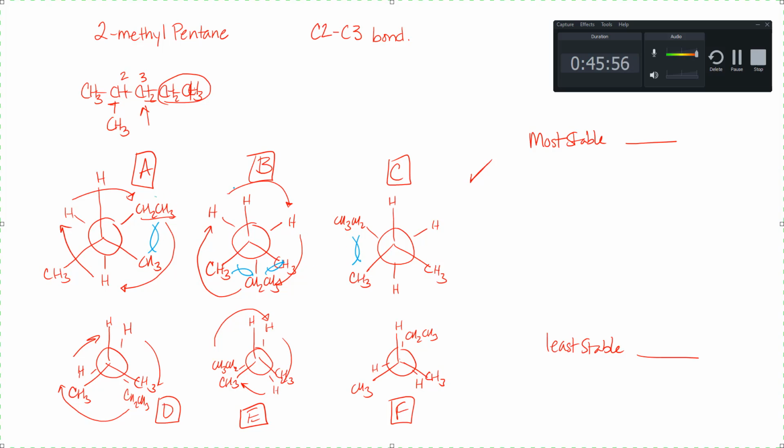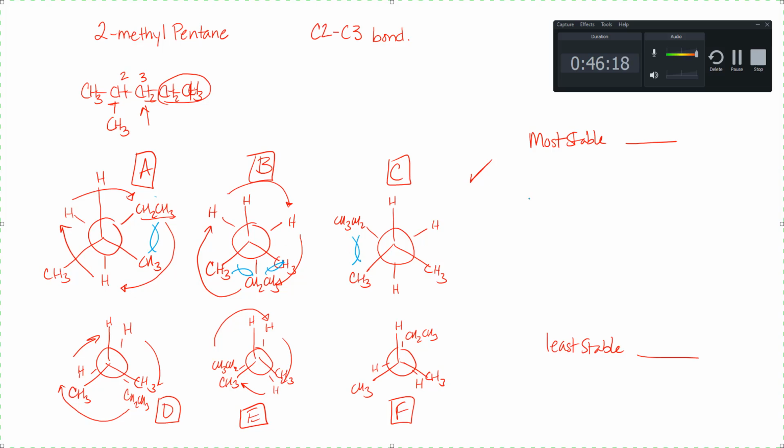So A and C have 1 destabilizing interaction, and A and C do have the same energy, and B has 2 gauche interactions. So what we say is that we first look at the number of gauche interactions. The smaller the number, the more stable the conformation.